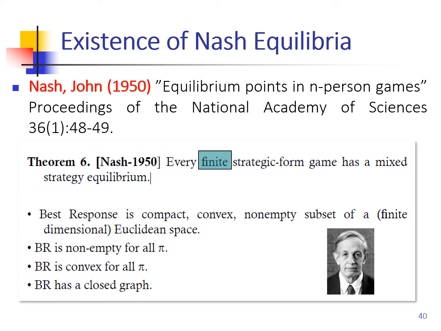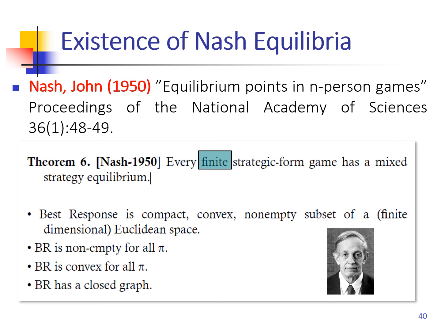In addition, John Nash in 1950, in his famous paper called Equilibrium Points in N-Person Games, gave us the existence result, as I mentioned before, that every finite strategic form game has a mixed strategy equilibrium, right? And then there are other characteristics which are very important when it comes to proving uniqueness.